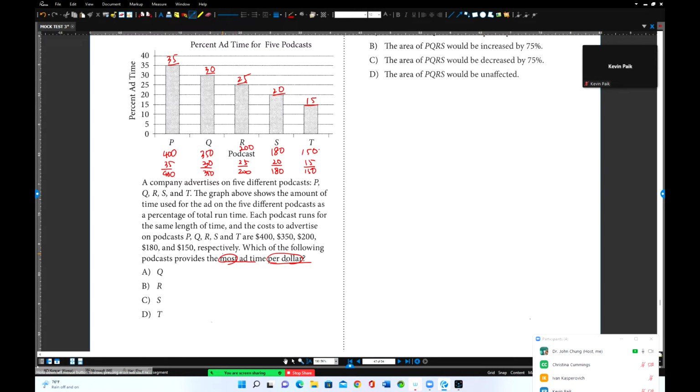Use your calculator, okay? That's the easiest way. 35 over 400 equals 0.08. Where is the P? Oh, we don't need the P, right? Q, R, S, T. 30 over 350 is 0.08.